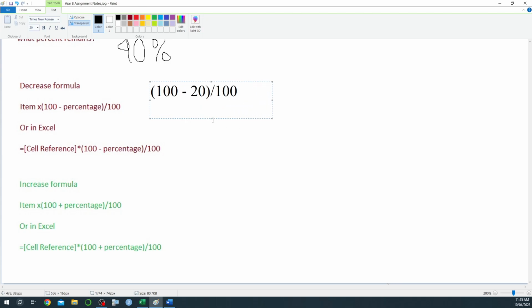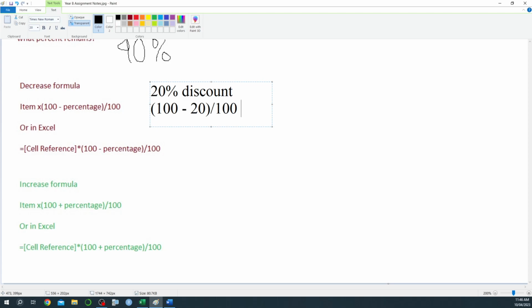I could use another program, but it's easier and quicker if I do it this way. I might just make a comment on that at the top. That's a 20% decrease or discount. All right, so we've got that.